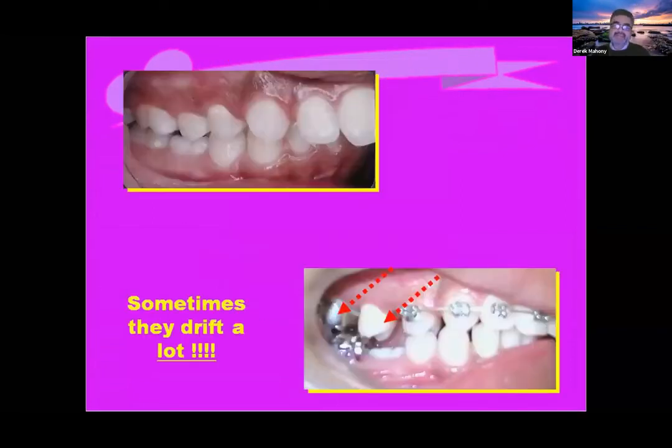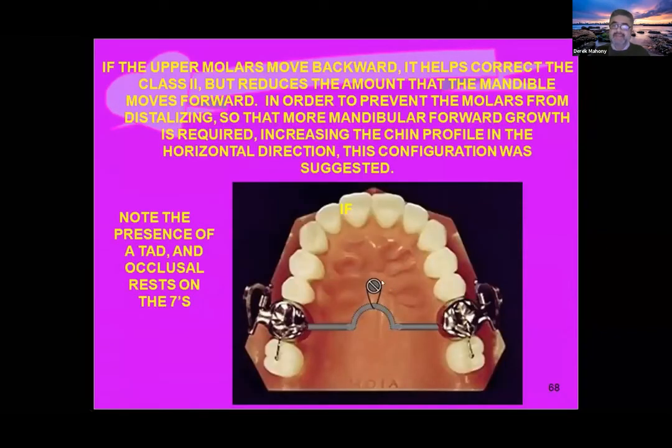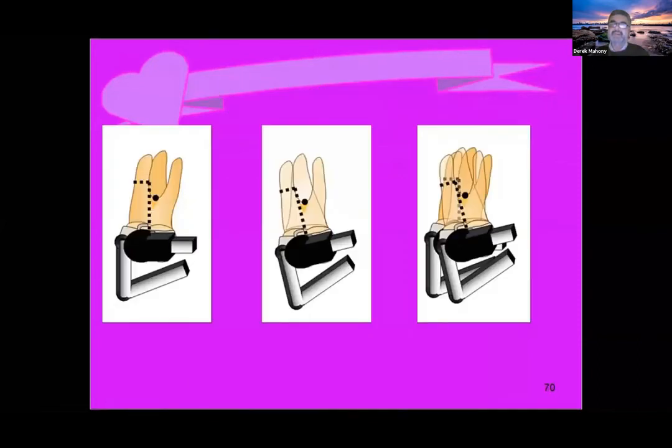In severe cases, high anchorage cases, I'm getting this sort of thing. You see, I'm bringing the mandible forward, but I'm also getting a lot of headgear effect because I'm getting a lot of space between my 6 and 5 and my 5 and 4. So in those cases, I can add a TAD to the TPA. And if I add a TAD to the TPA, that will give me solid upper anchorage so that I'm getting no headgear effect, right?